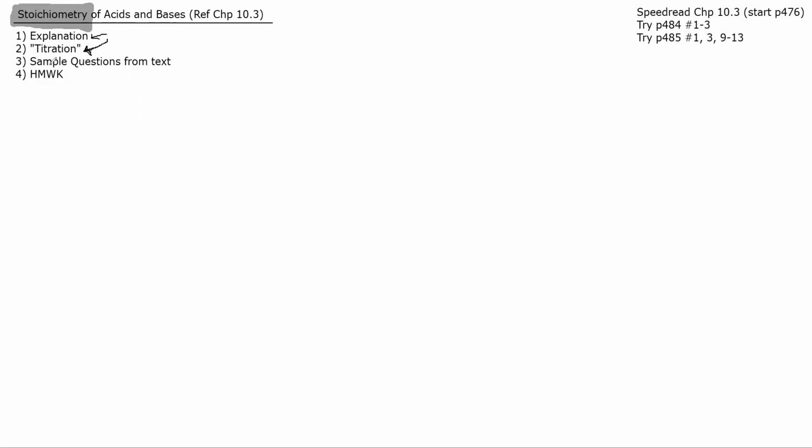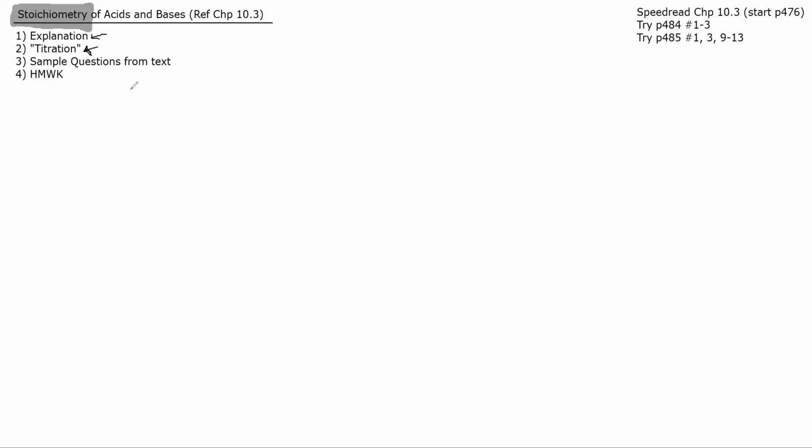Long story short, titration is a science term where, in a laboratory experiment setting, you are trying to do a perfectly balanced neutralization reaction. So titration is a neutralization reaction in a lab. That's it. Don't be scared about it.